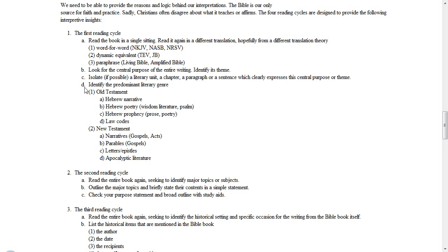And then this is real simple. You just identify the predominant literary genre. In the New Testament, that would be a letter or epistle. If you're looking at the book of Colossians, it's a letter to the church in Colossae. So this is the first reading cycle.